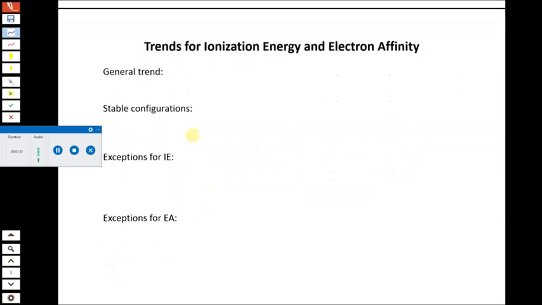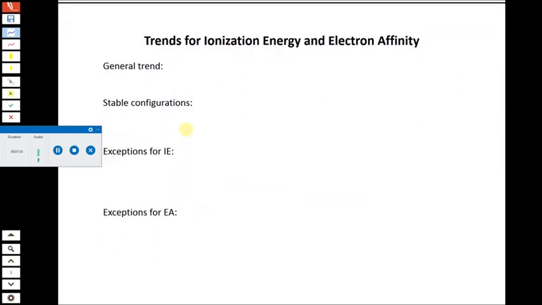The first thing that often gives a little bit of trouble is trends for ionization energy and electron affinity. So this is where we can use the periodic table to figure out, at least in a relative sense, what the electron affinity or ionization energy is for a certain element. Now, the general trend for both of them is that they increase left to right, as well as increasing bottom to top on the periodic table.